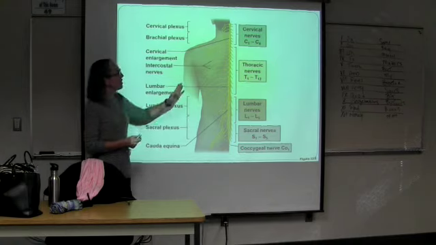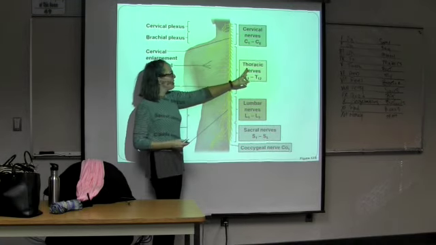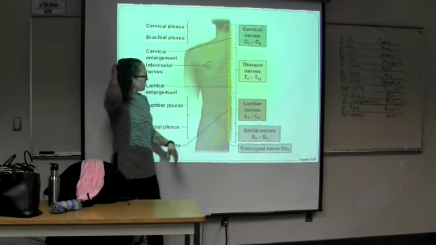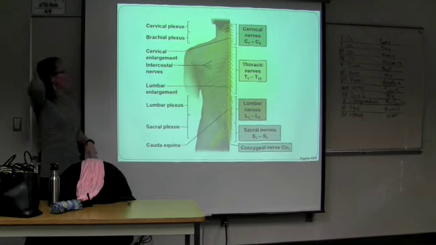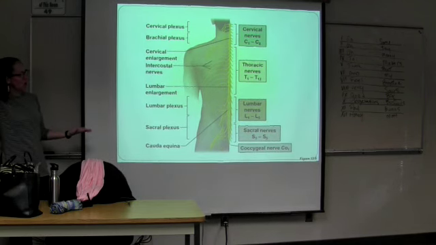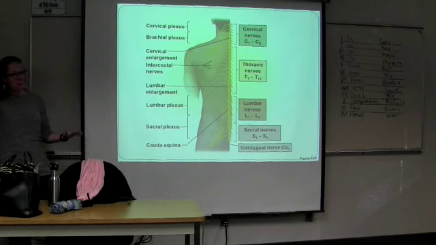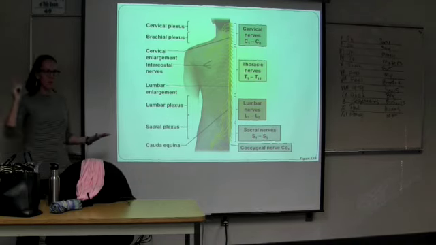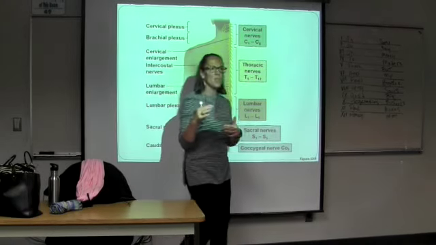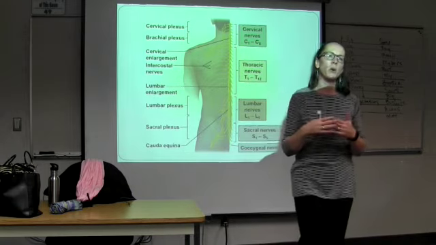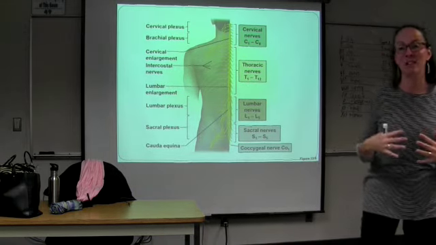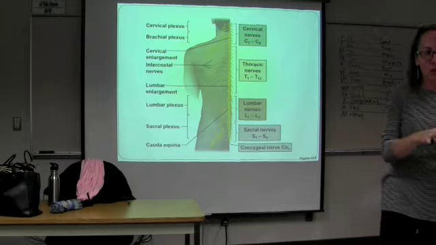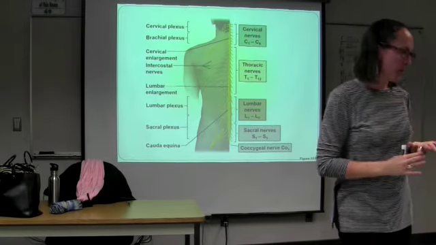So this is a picture of those nerves coming out, C1 through C8, T1, T12, etc. Now, what will happen with some of these nerve rootlets, actually most of them except for the mid-thoracic, is they'll come together and combine to create what's called a plexus. There's a cervical plexus, there's a brachial plexus.